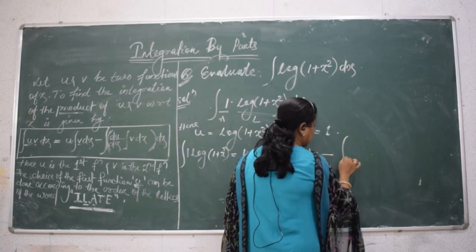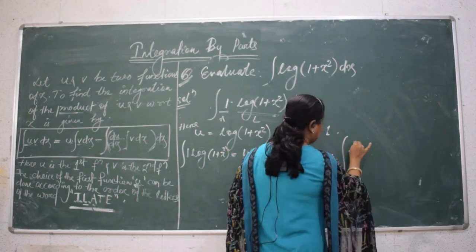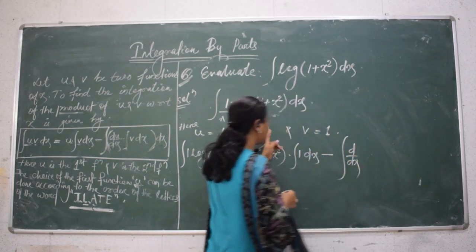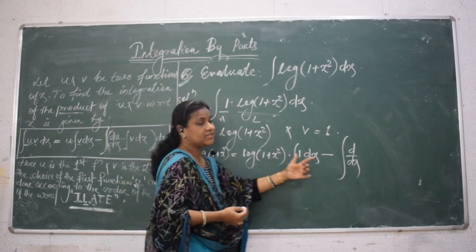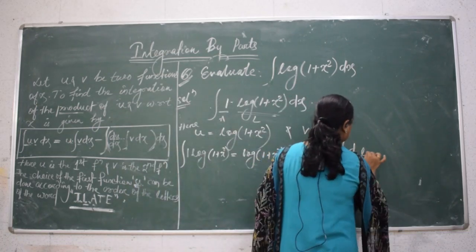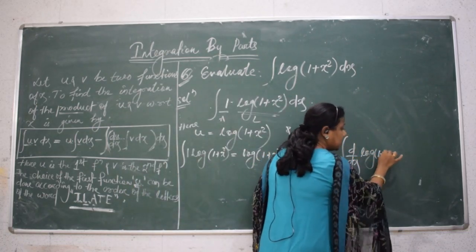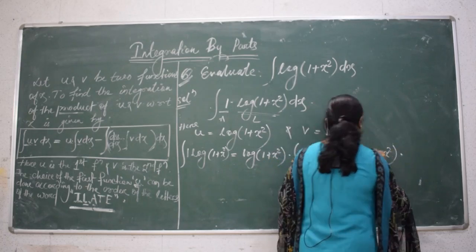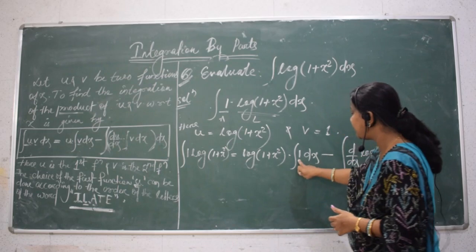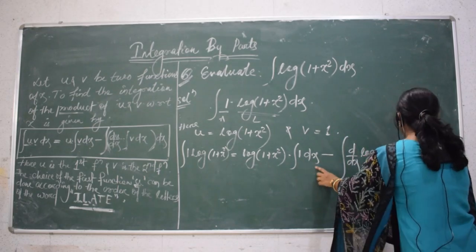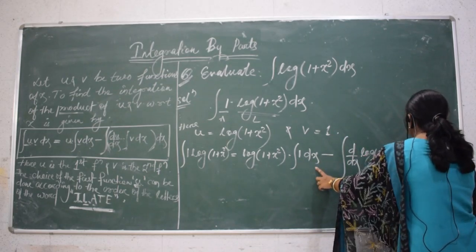Then minus integration of the derivative of the first function. Whatever first function you take, here you have to write the first function and its derivative, that is log of 1 plus x square, into integration of v dx.